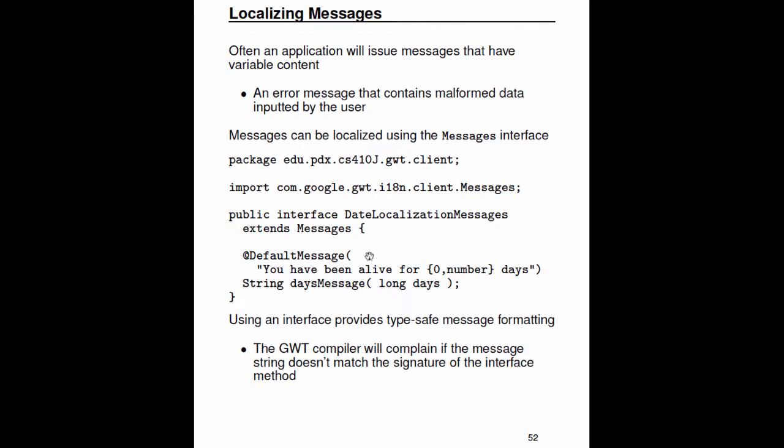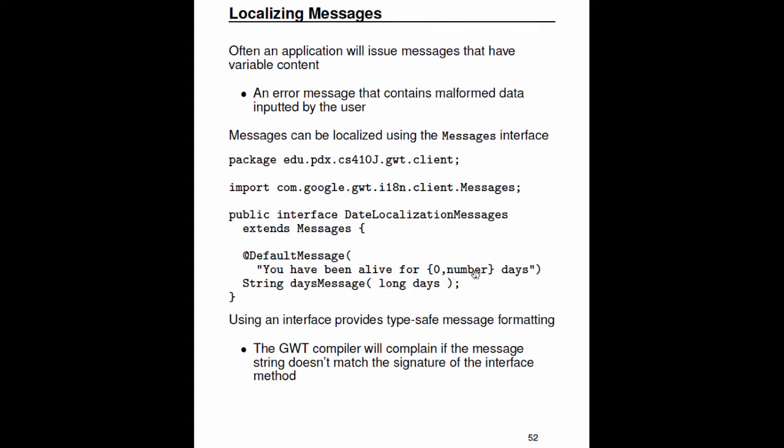And so to do this, you use an interface that extends the Messages interface, and methods on the Messages interface take parameters. So for instance, this is like how many days you've been alive. That will take a number of days and return a string. Here again, the default message is this one right here saying, hey, listen, argument 0, which is this long days, should be formatted as a number.